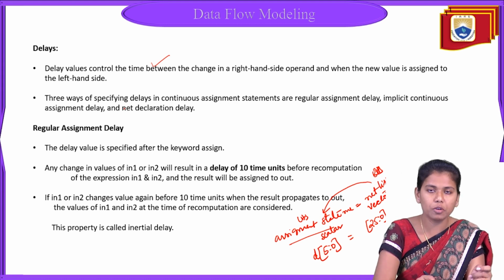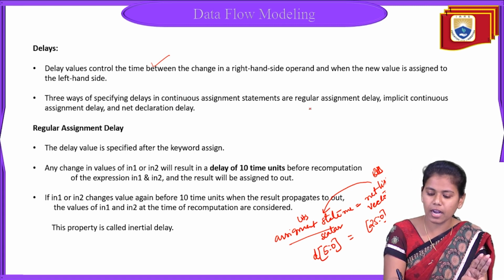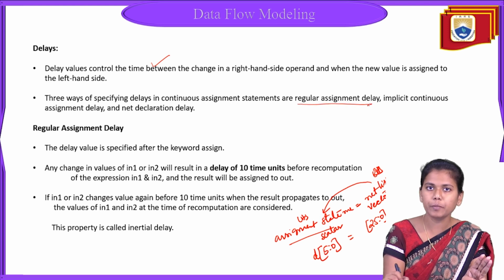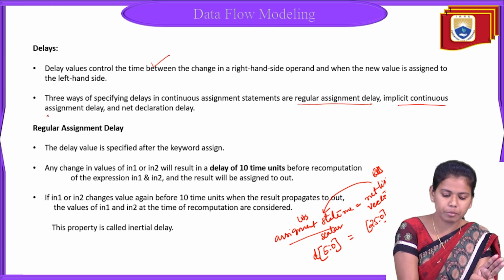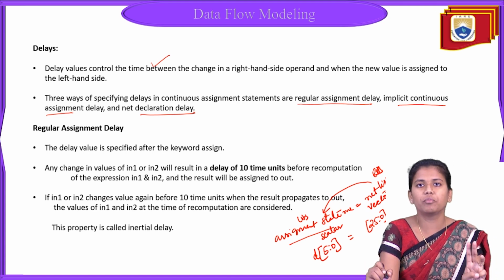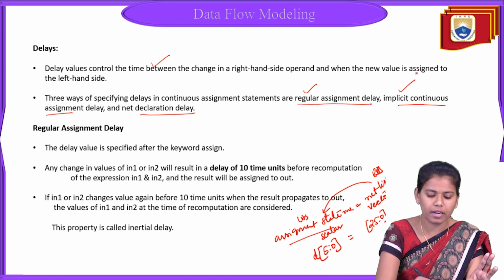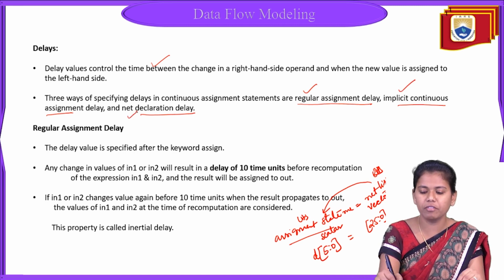Next, the 3 ways of specifying delays in a continuous assignment statement. There are 3 ways to specify the delays. They are regular assignment delay, implicit continuous assignment delay, and net declaration delay. We have already discussed these earlier, but now we will see them in terms of delay.